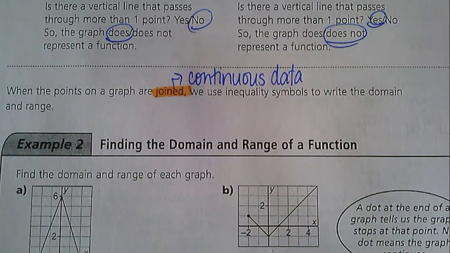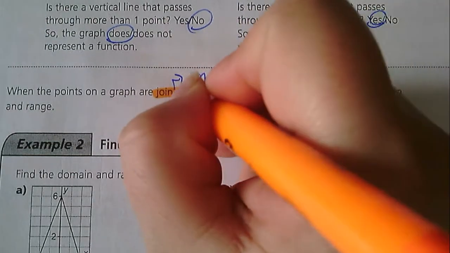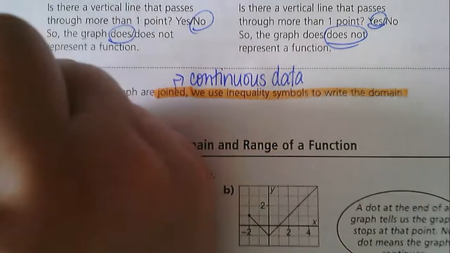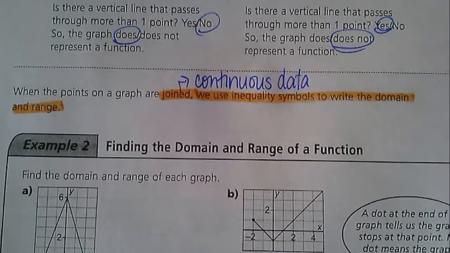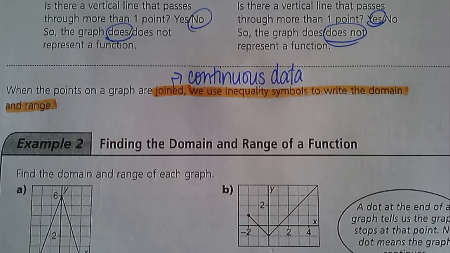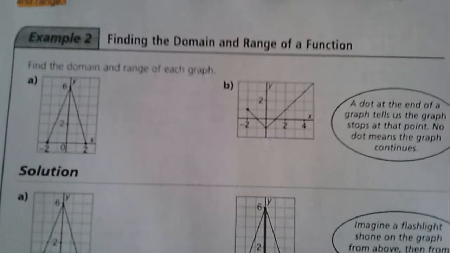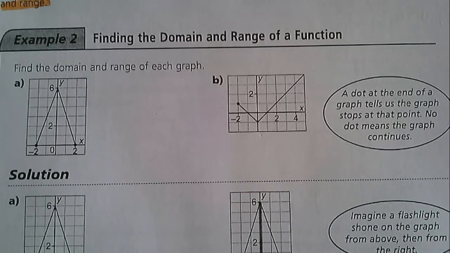We can use inequality symbols, the ones that we previously did, to write the domain and the range. We can only do this if this is continuous data, if the points on the graph are joined together. Let's take a look down below and see how we would write the domain and range for these two examples.